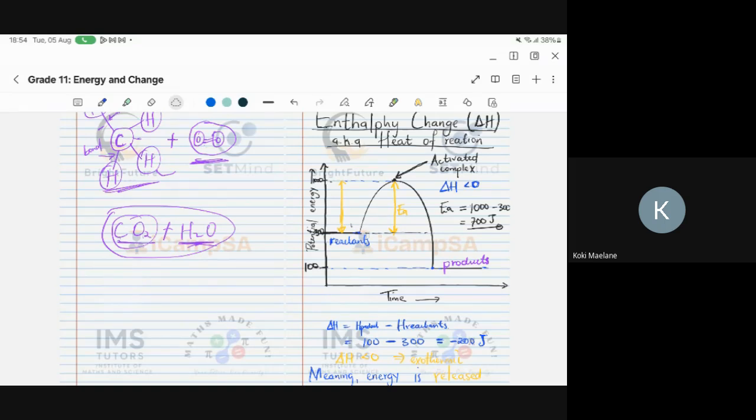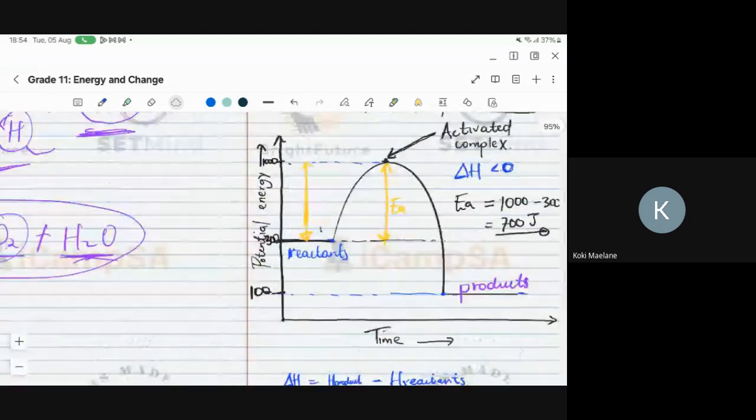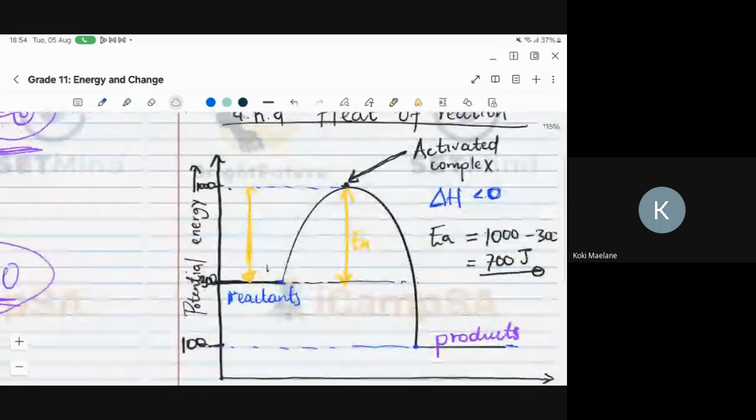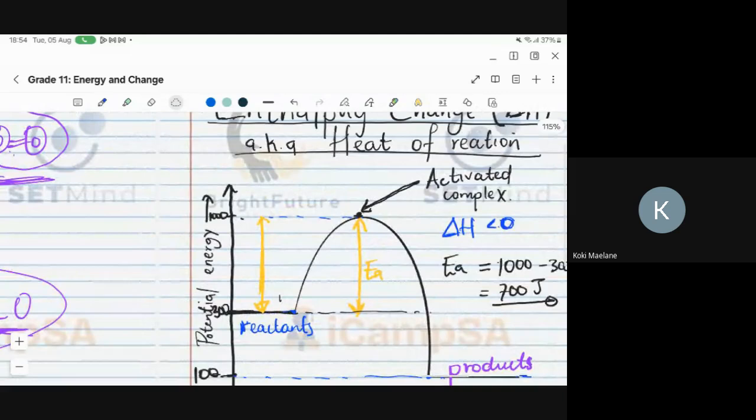We know what the enthalpy change is. The way I like to think about it in this curve, I just tell a story. I said we need energy to climb this hill, which is our activation energy. We need a certain amount of energy. Otherwise, we won't be able to climb the hill, which in this case, our hill is the reaction. We won't be able to start the reaction.